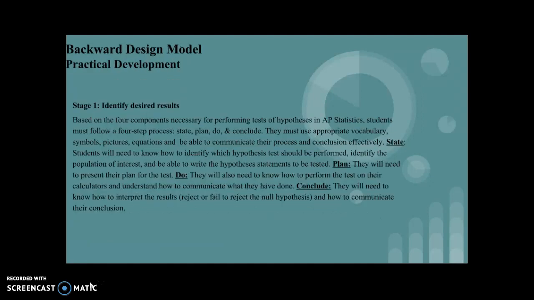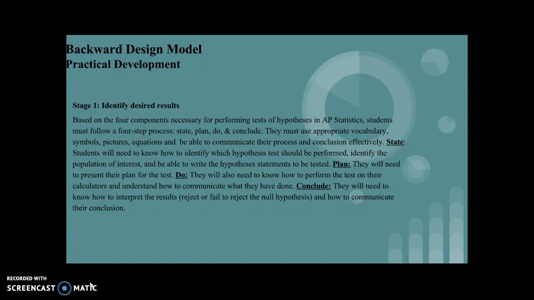Now I'm going to present something that I actually utilize in my own classroom second semester when I'm teaching AP statistics. The largest concept tested on the AP statistics exam is called inference. Inference is basically performing tests of hypothesis to determine if a claim is true or not. It is imperative that students follow something called the 4-step process when performing a hypothesis test.